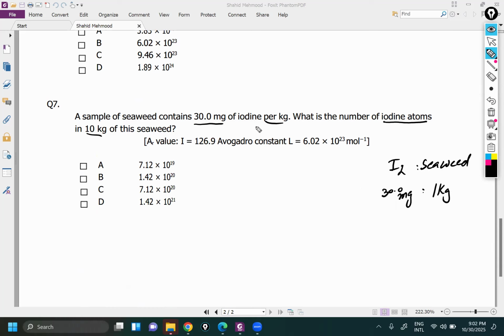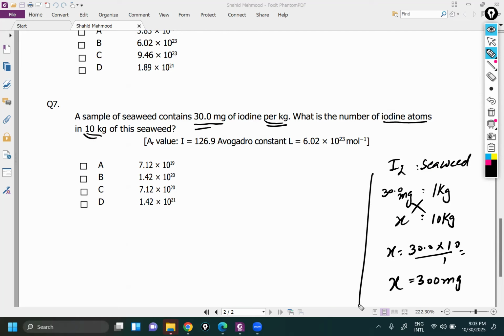But the total given seaweed is 10 kilograms. So how much iodine will be present in 10 kg by using the cross method? So 30.0 times 10 divided by 1. So we will get 300 milligram. So it means the total mass of iodine present in the given amount of seaweed is 300 milligram.